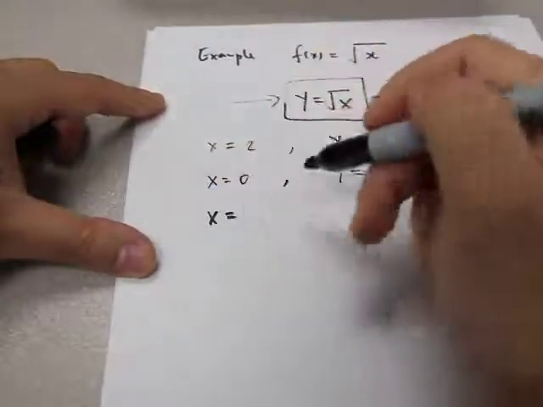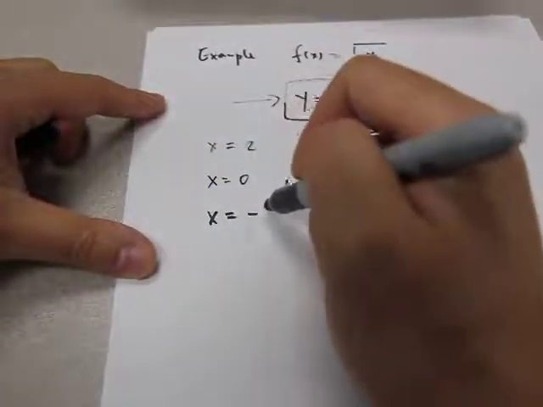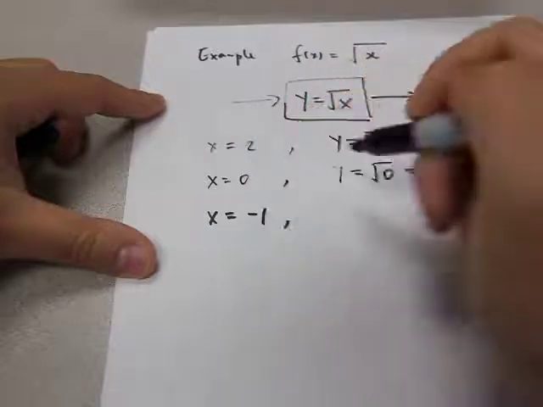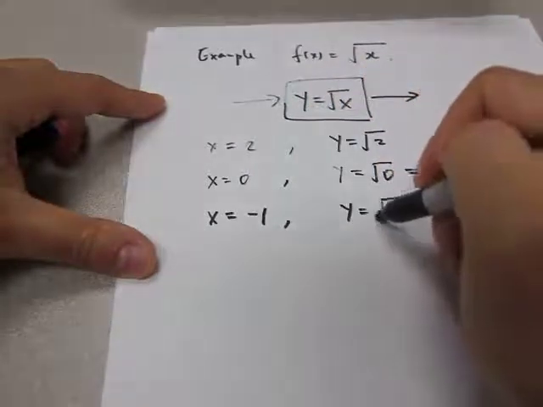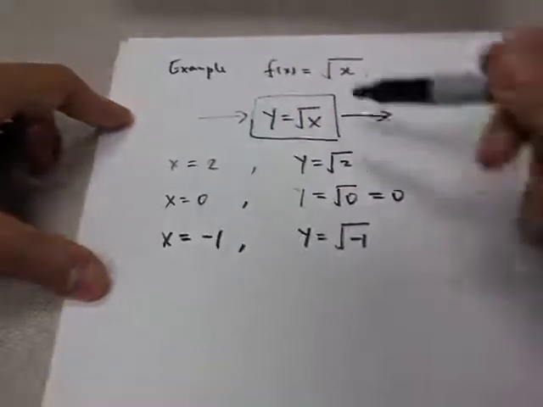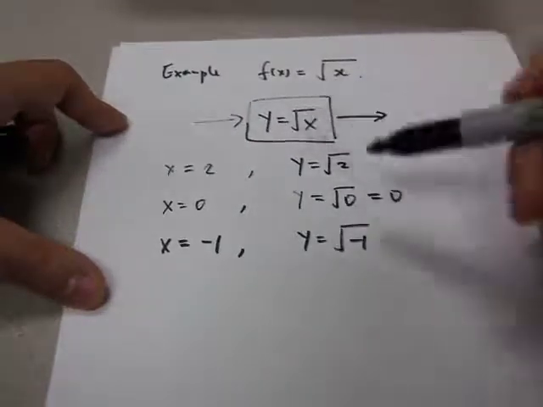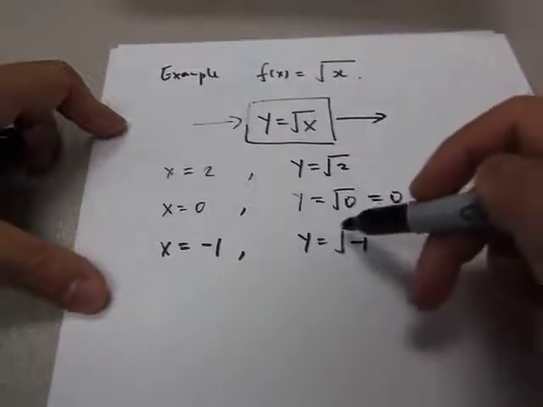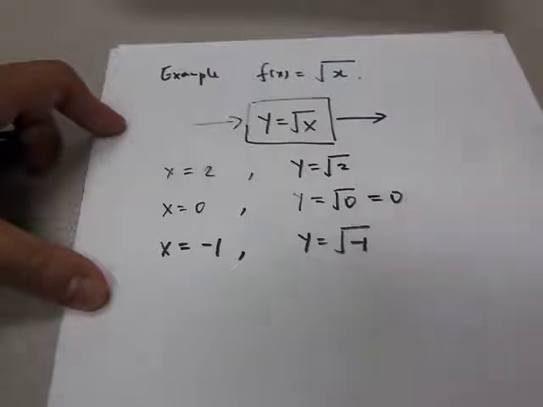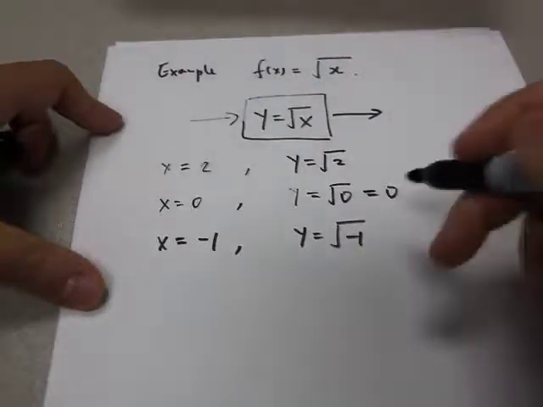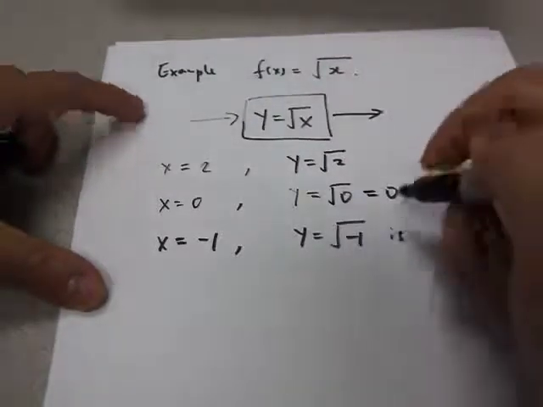However, if our input is a negative number, now, according to this equation, the output is the square root of negative 1. And this is not defined. This is undefined.